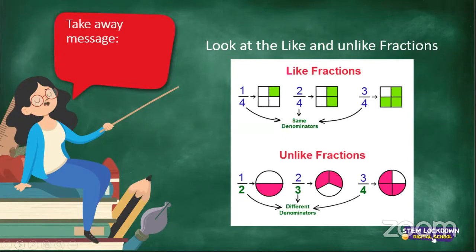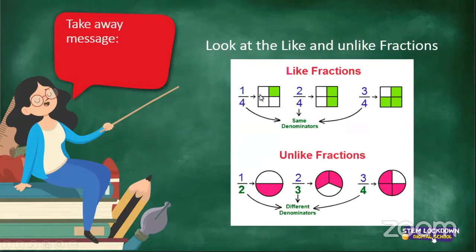So here on the screen we have like and unlike fractions. But this is what I want you to look at after you've done your homework, because tomorrow we will look into it in more detail. Here we have 4 blocks. If you still remember the patterns that we did earlier, I think 3 weeks back, they were also a way of showing us fractions.